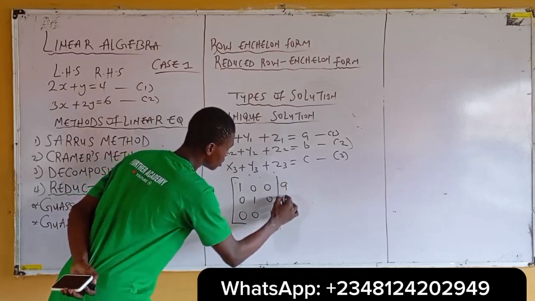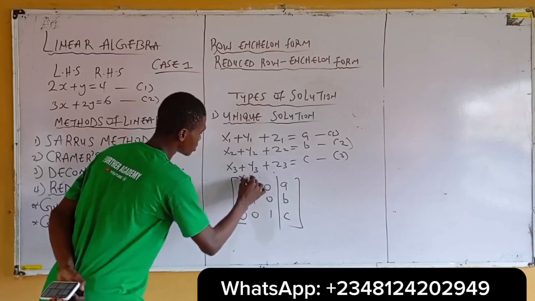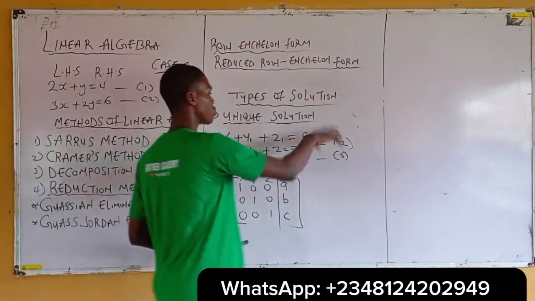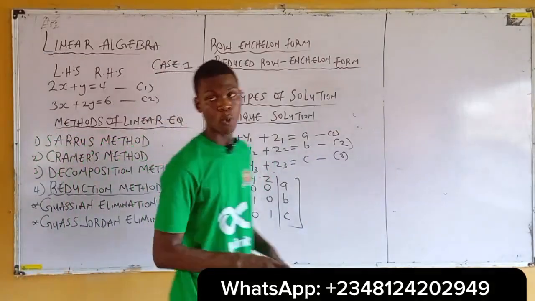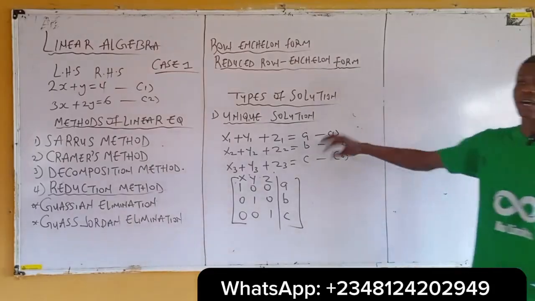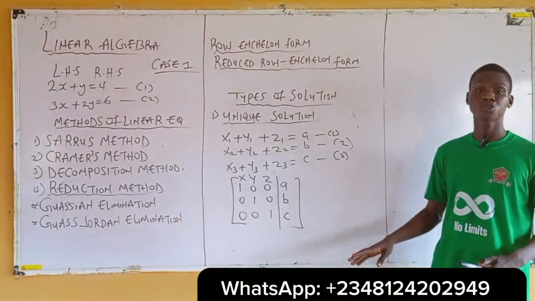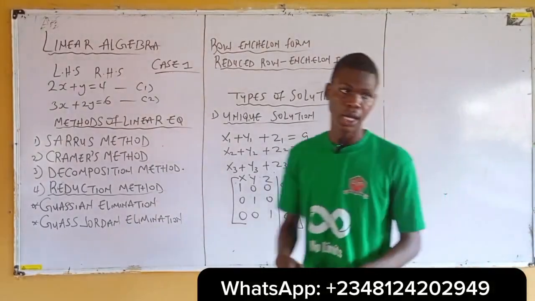This is A, this is B, this is C, and this is X, Y, and Z. What this means is that for this system of linear equations, the values of X, Y, and Z that will satisfy it are: X equals A, Y equals B, and Z equals C. Are you getting the idea?